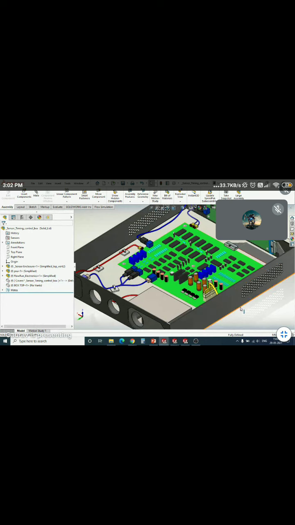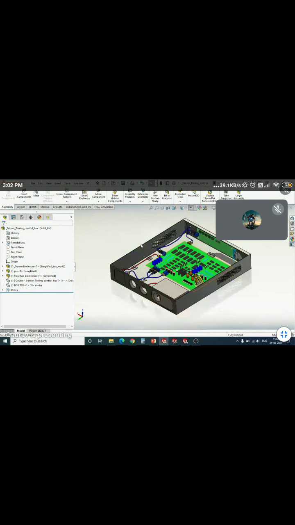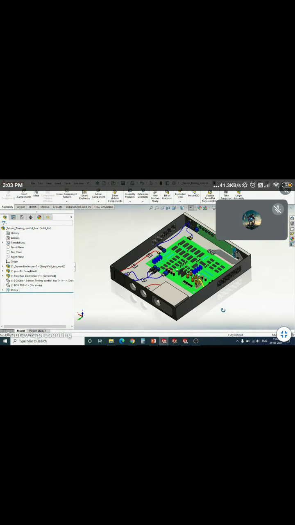My main intention of the flow simulation is to check how much heat is getting generated in these components, and whether it is successfully extracted out from the vents. Fans play a very important role to extract it away. So we check whether my fans are capable of extracting the heat away from the system or not. These are the few things that I want to check.